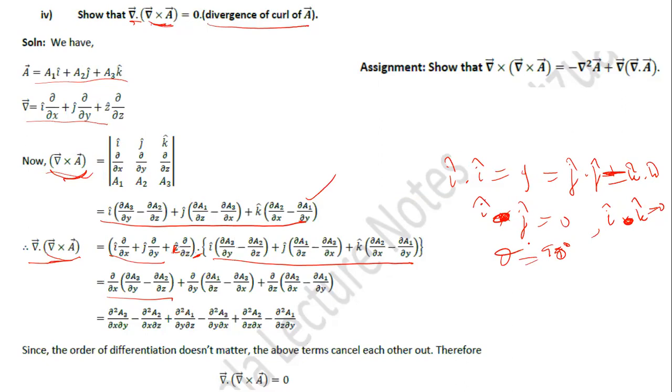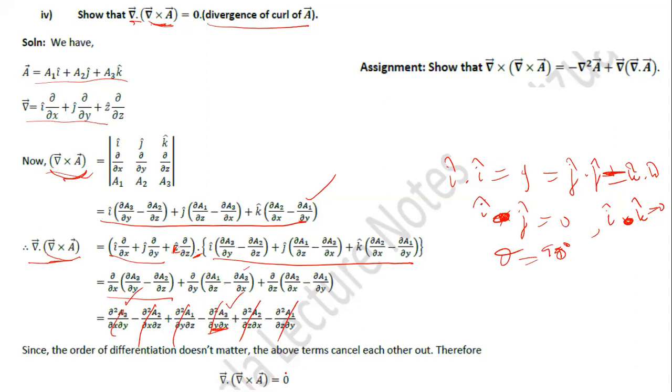We know that. So if you perform this, the first term you have is del square a3 upon del x del y, and over here del square a3 upon del y del x, minus. So these two terms cancel out, and similarly this and this will cancel out, and this and this cancel out. And eventually we will find that for any vector field A, divergence of curl of the vector field is 0.